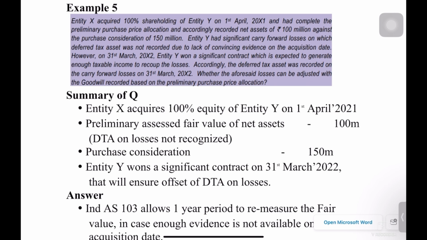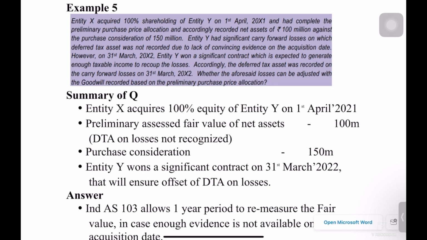That profit can be offset with the loss accumulated, so that the deferred tax assets can be effectively utilized. So that's a situation within 1 year from the date of acquisition. So now the question is whether the deferred tax assets can be recognized as part of the purchase consideration.